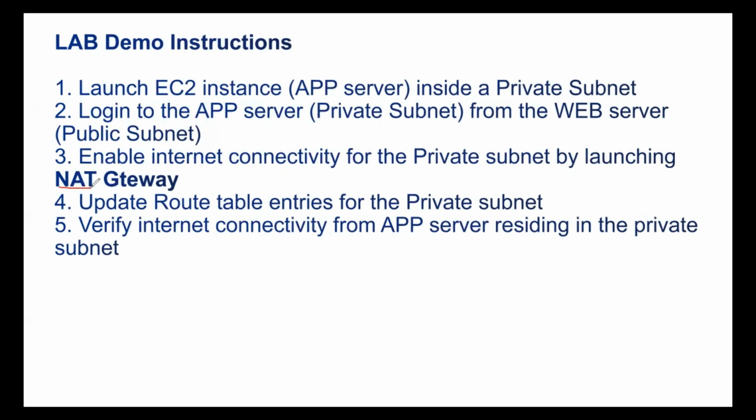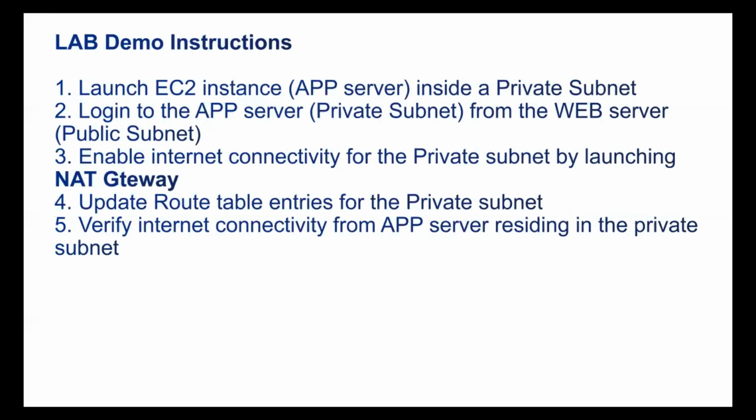It is the NAT Gateway that will enable internet connectivity for your instances inside a private subnet to the outside world. We will see how to set up a NAT Gateway and how to update the route table entries for the private subnet so that the internet connectivity happens. Then we will verify the internet connectivity. This is what we are going to do as part of the lab demo.